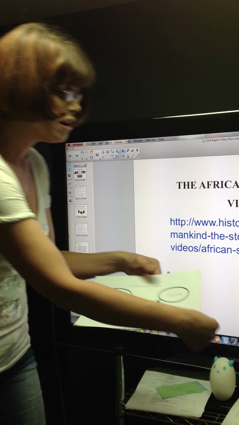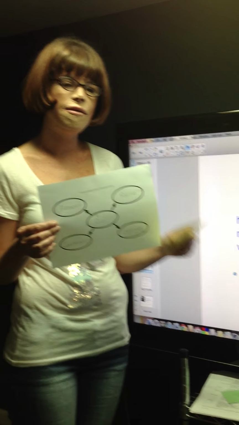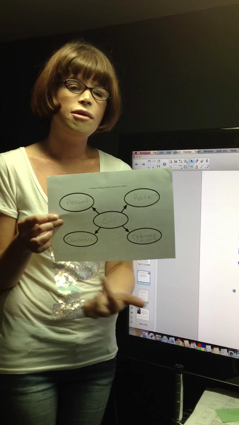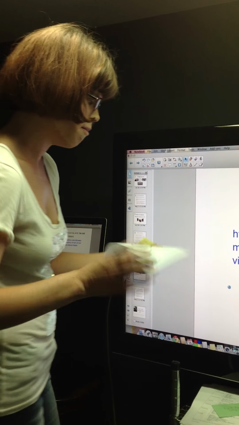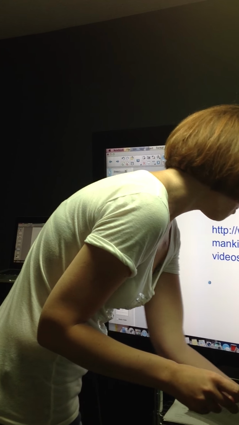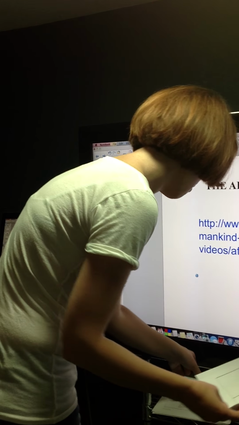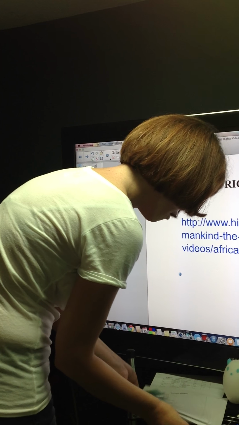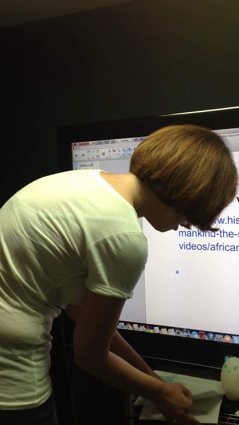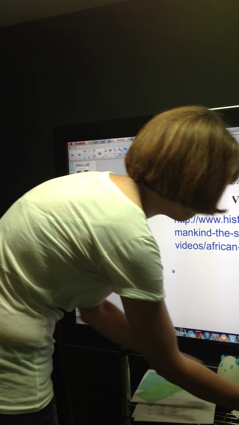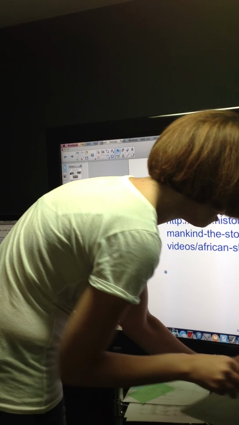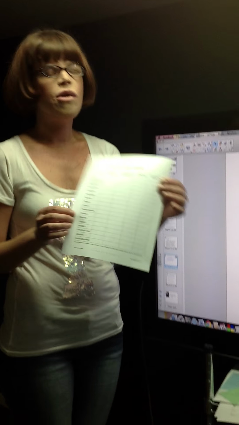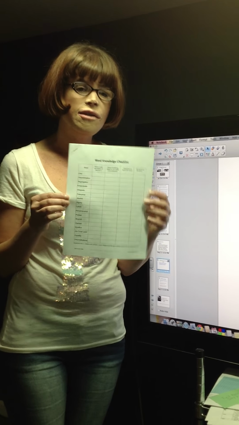They're also going to create synonym webs. Again, this is the word civil, and these are all synonyms for the word civil. They're going to fill out one of those. Prior to that, the kids are going to check off words on the word knowledge checklist.